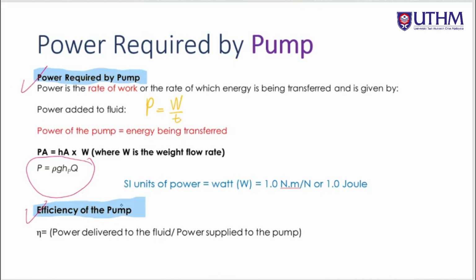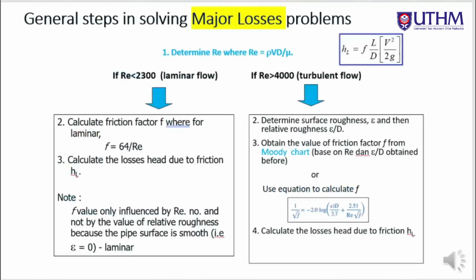So you will use both of this information in order to get the power and also the efficiency of the pump. There is nothing very important here. Later if there are questions related to this part, you might refer to this slide. Right, so actually we are almost done.